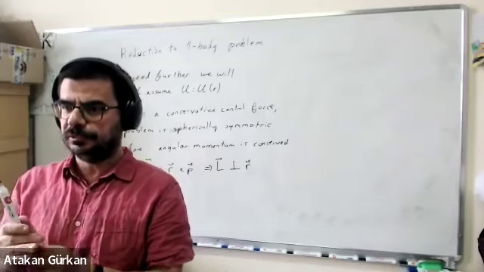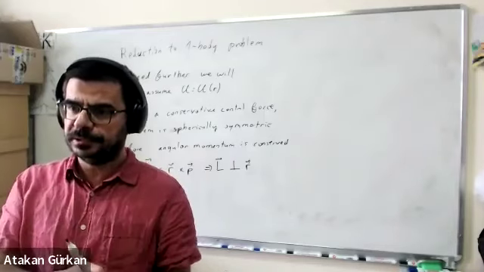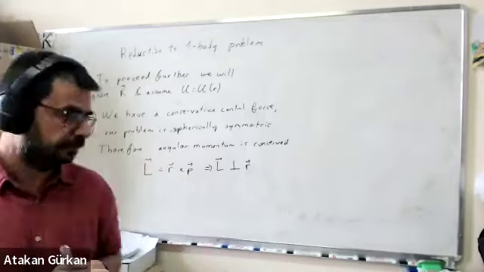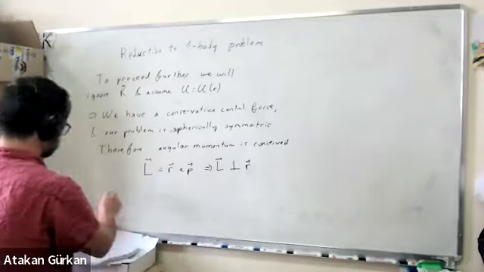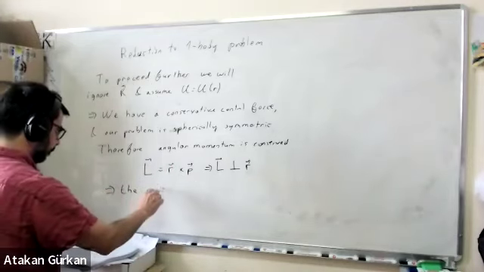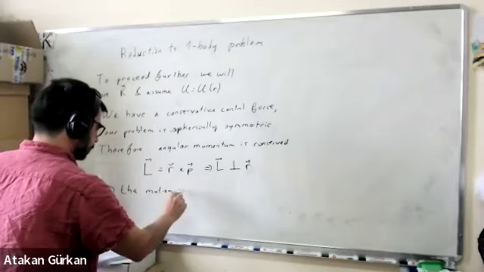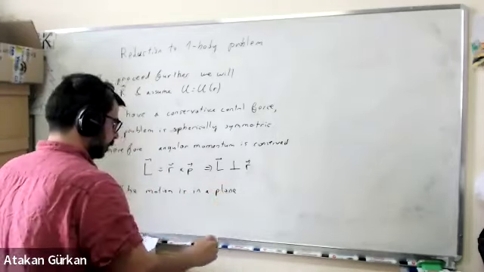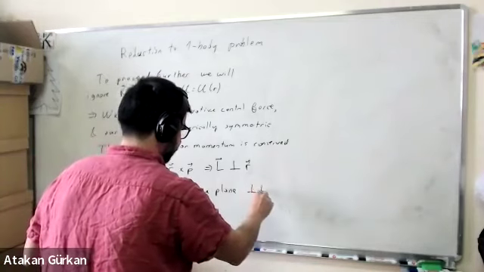Your motion is restricted to a plane. Conservation of angular momentum implies that you have an orbital plane and you always move in this. Because of this, motion is in a plane, perpendicular to L.